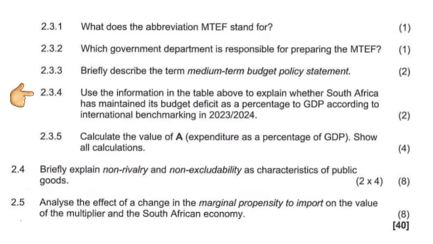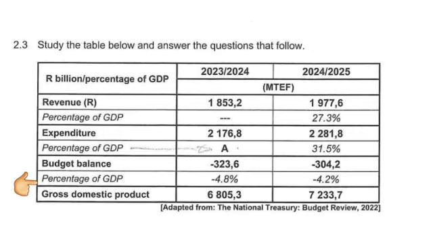In 2.3.4, it says use the information in the table above to explain whether South Africa has maintained its budget deficit as a percentage of GDP according to the international benchmarking in 2023/2024. According to the international benchmarking, that is something you need to be able to Google for yourself, or as an economics student you are supposed to be in touch with your budget speeches and so forth.